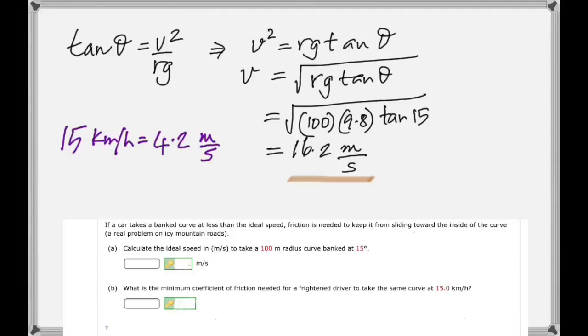Now in the second part, somebody is driving at a very low speed, which is 15 kilometers per hour, which becomes 4.2 meters per second. And so now, because the road is banked, there is a chance that it could slip down. And our question is, what is the minimum coefficient of friction so that it doesn't slip down?